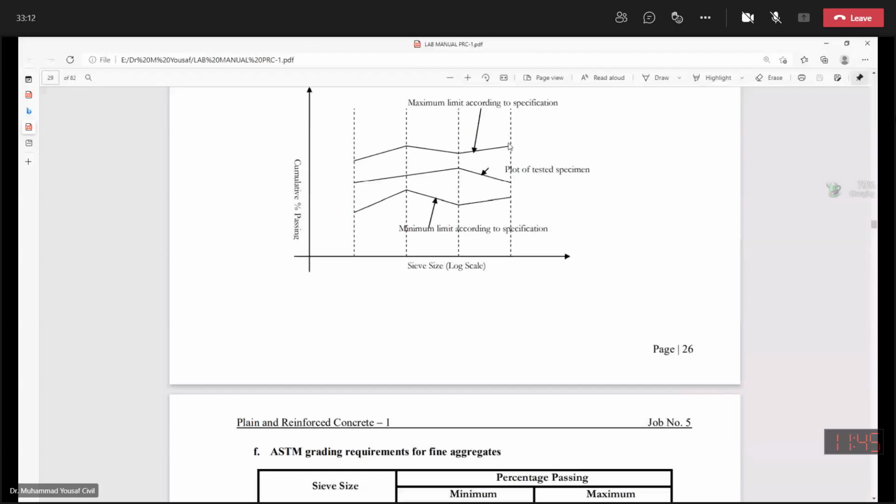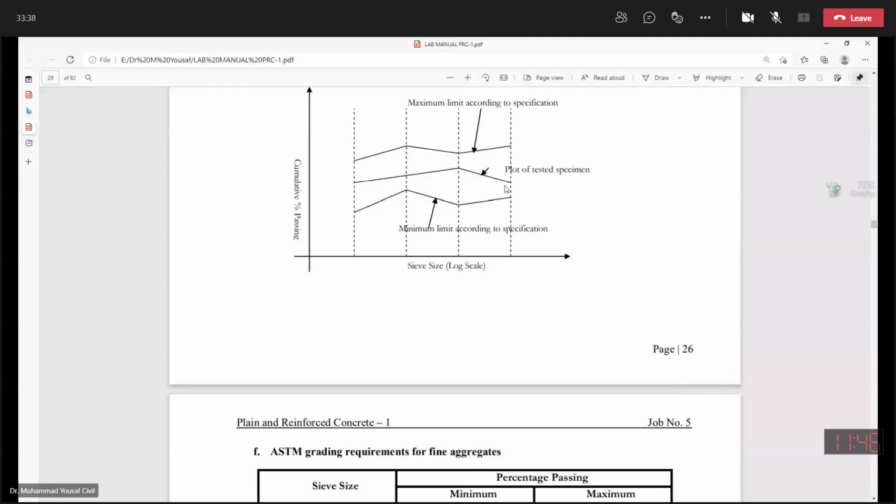Then you will perform the test on your given sample and draw the gradation curve. If your gradation curve falls between these limits, then this is a good sample. This will be labeled as a good sample, otherwise it is not a good sample.